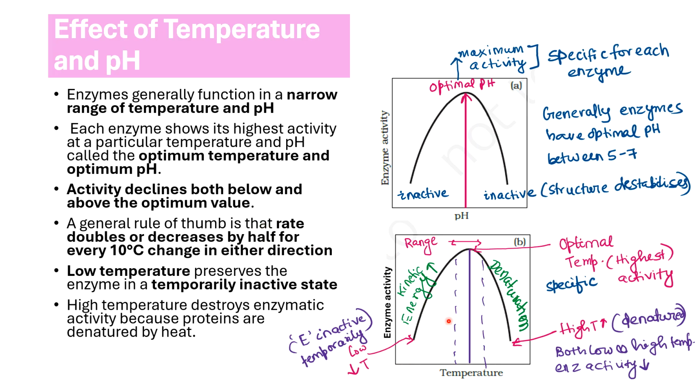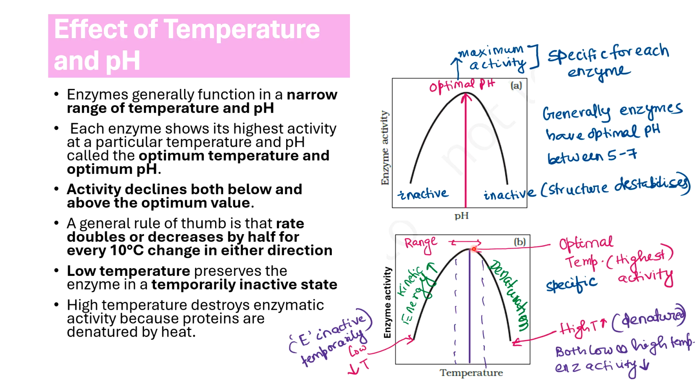Now, this is the x-axis, which is showing the temperature, and this is the y-axis, which is showing the enzymatic activity. This is the low temperature. When you go on increasing the temperature, the kinetic energy increases. So initially you will have an increase in the enzymatic activity, and it reaches a maximum.